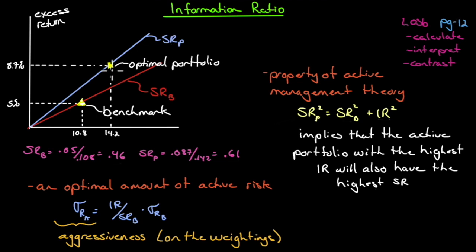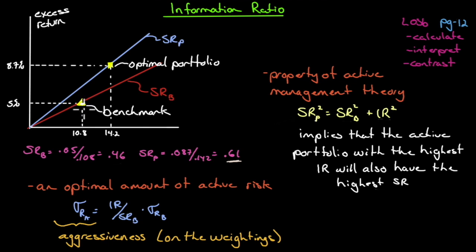There's our optimal portfolio, and let's say that it generates excess return of 8.7 with a standard deviation of 14.2. Here's the Sharpe ratio for the portfolio, 0.61. We know that any other portfolio will be below that. So any benchmark we choose that is not the optimal portfolio will have a Sharpe ratio that's below that. So there's our benchmark down there, and unfortunately our benchmark is our benchmark.